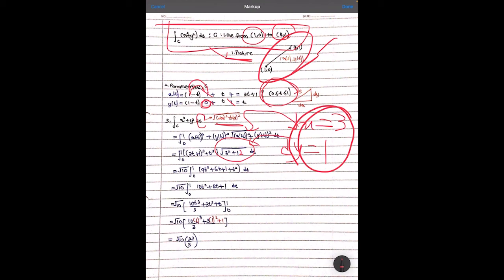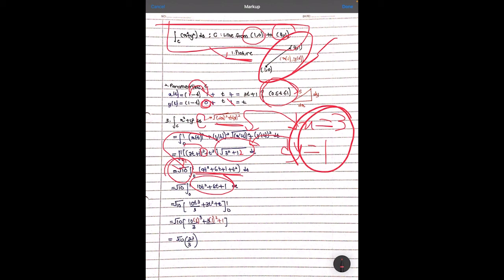Since the 10 is a constant, I put it outside. Next I expand it and I got this. When I got this, I make it smaller, to compare it. So I got this.